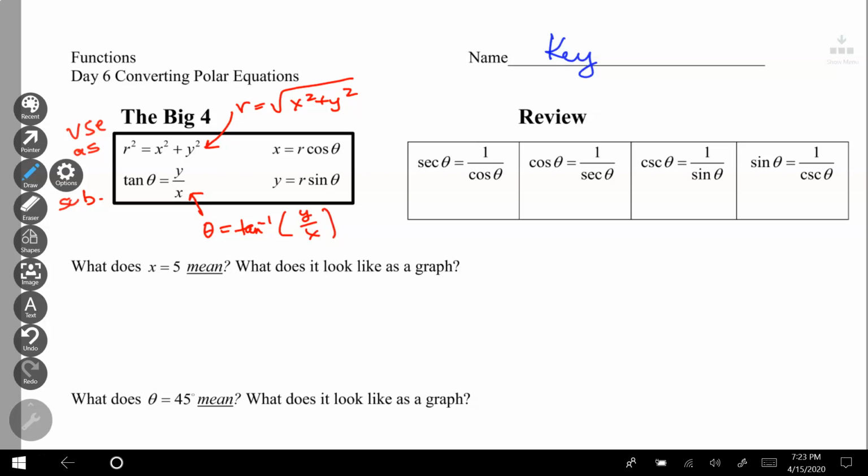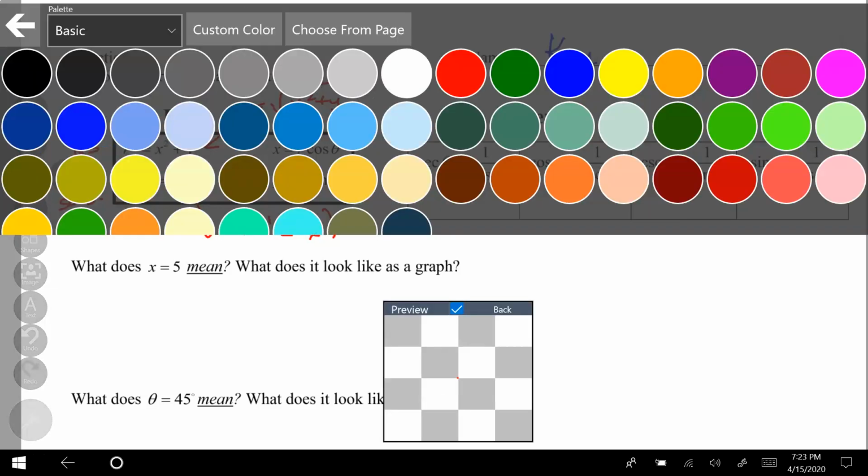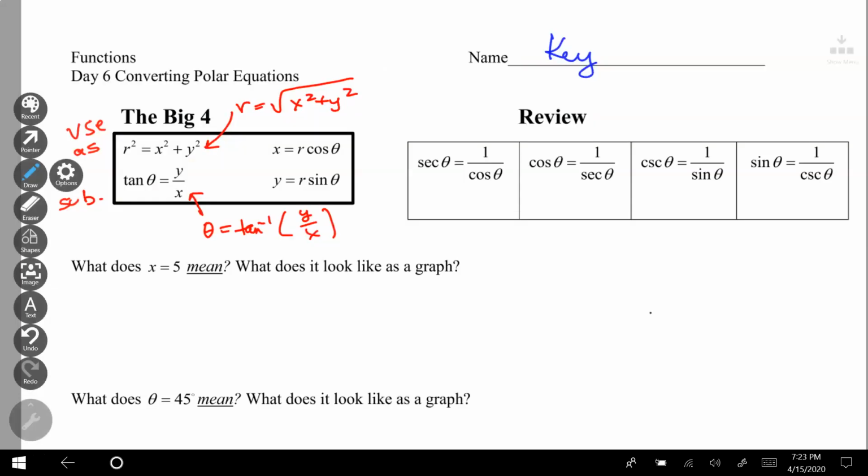So going back to Cartesian, if I ask you to graph x equals 5, what does it mean and what does the graph look like? If I graph this, it will look like this.